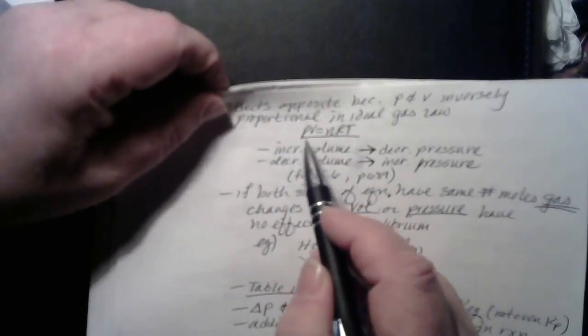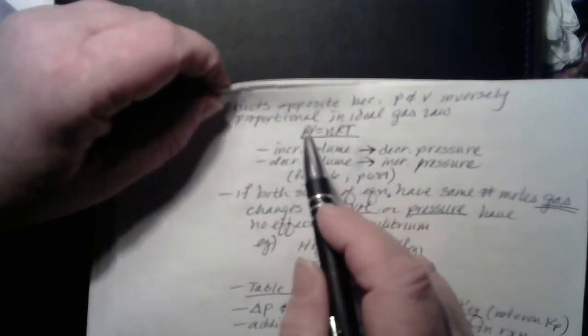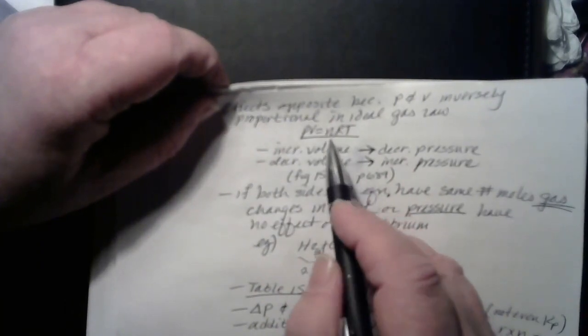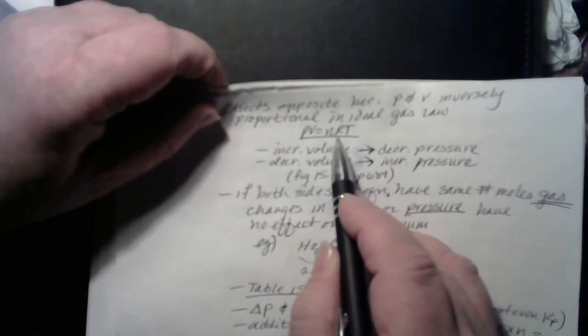And the reason that pressure and volume are inversely proportional to each other is the ideal gas law. When you've got a sample of gas, the number of moles of gas is constant, as long as it's the same gas sample. R, the gas constant, is constant because it's the same gas constant. And temperature will be constant because we're not changing the temperature.